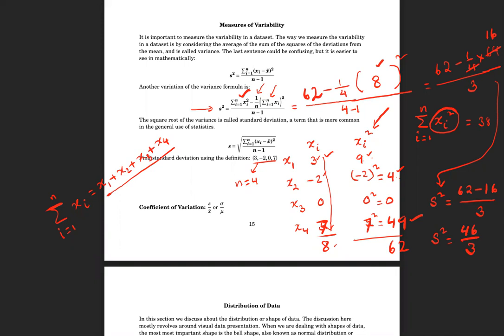So even if I didn't catch this mistake, I would have caught it right here, because my variance wouldn't be the same, and consequently the standard deviation wouldn't be the same. So S square is this. You take the square root of S square and the square root of 46 over 3. The square root is going to cancel. That's going to give you S, which is 3.9157.